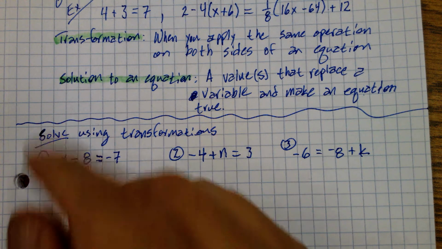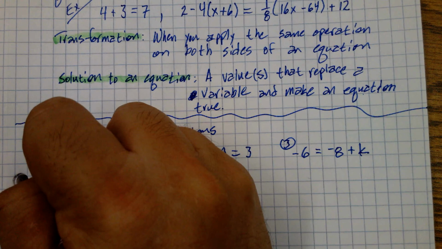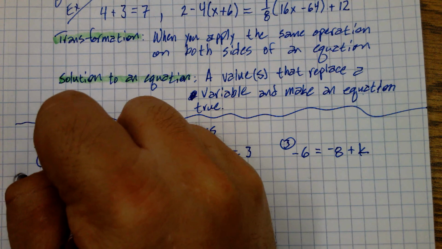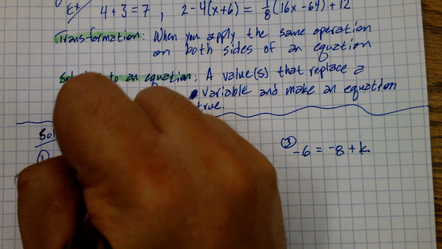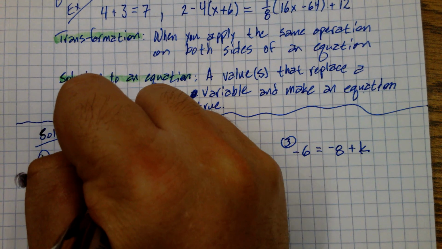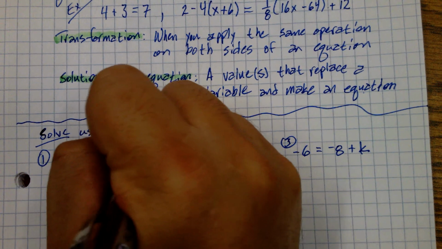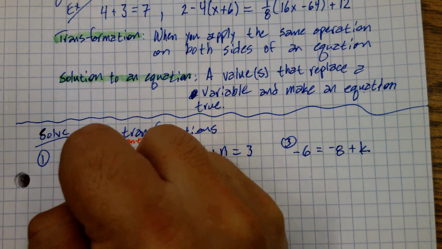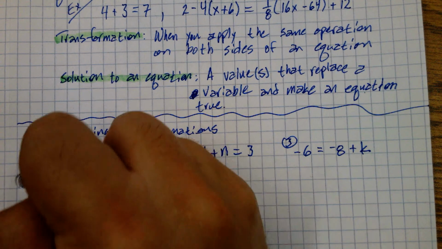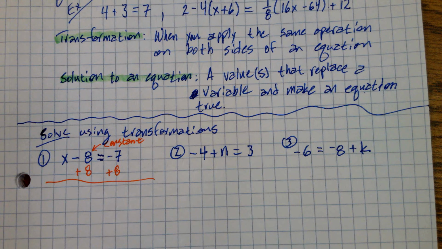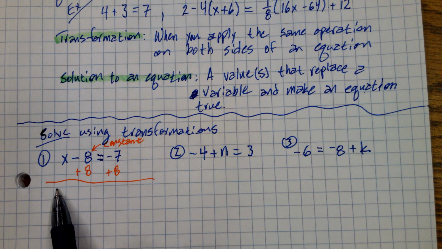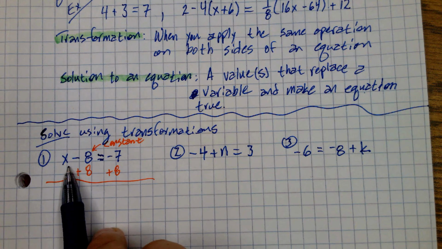So these are known as constants, by the way. The constant is just a number being added or subtracted. So just write down that this is a constant. And we're going to add 8, the constant 8, to both sides. And hopefully you remember, you perform the operation, but first you see what's left.